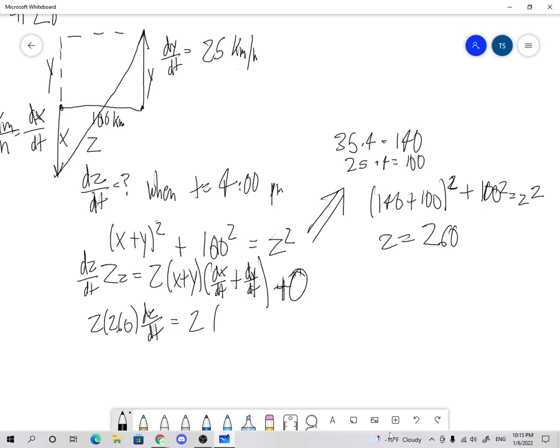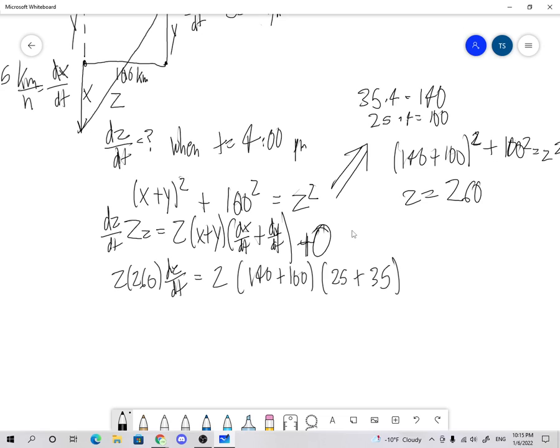is now equal to 140 plus 100, 25 plus 35. Awesome. Now we actually can solve, because now we're just going to be doing some algebra. We only have one real variable, and that's dz dt. So 2 times, in parentheses, 140 plus 100 times 25 plus 35, added all together, is going to equal 28,800.